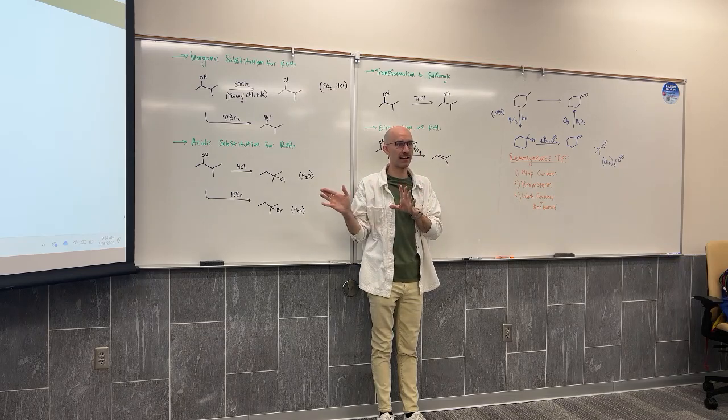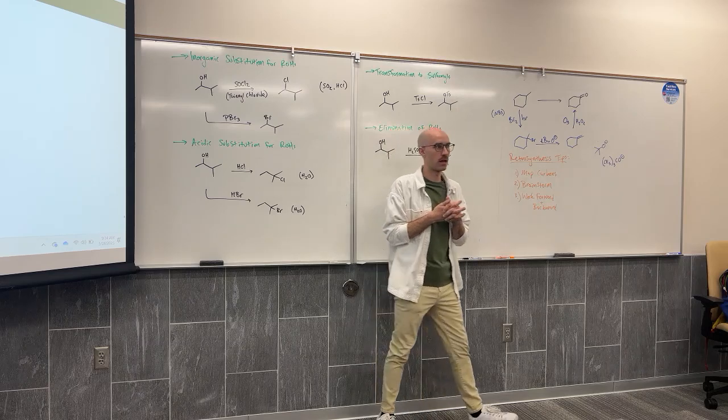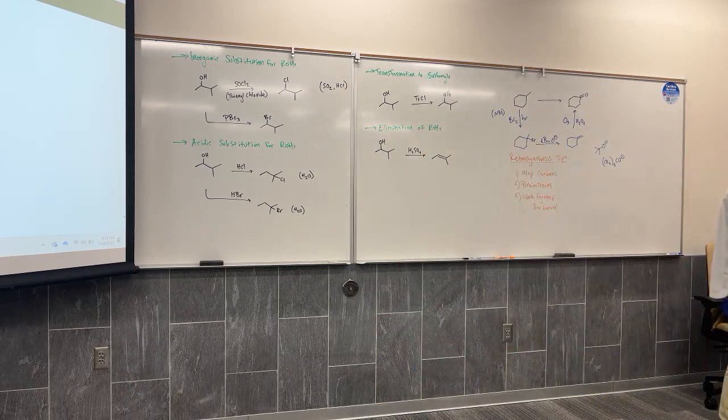So mass spec, one of the least useful types of information we can get. We'll look at it as quickly as we can. Mass spec gives us molecular mass and maybe the major structure, the stable structure.